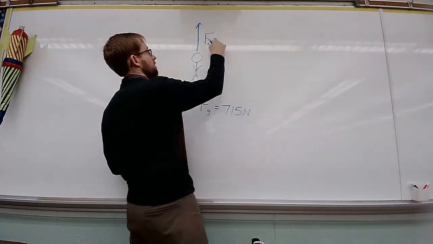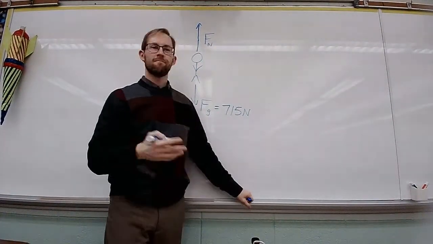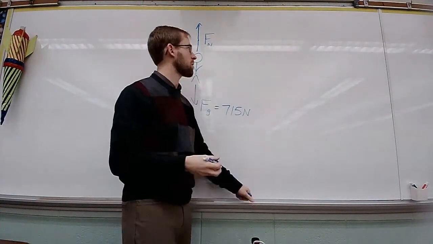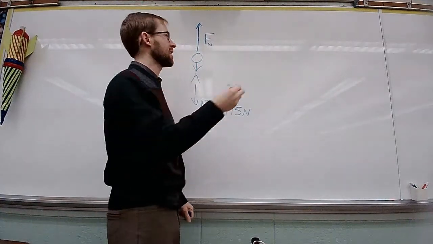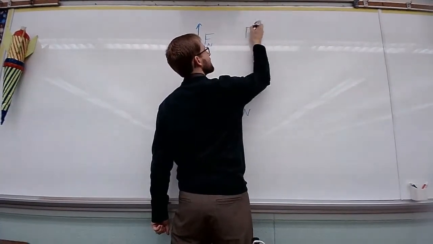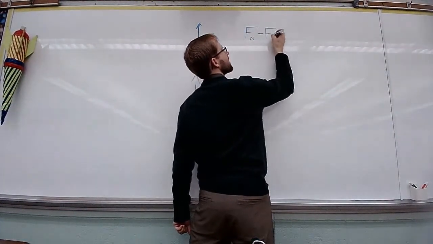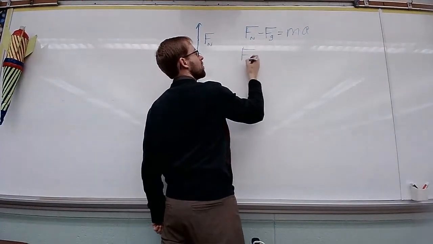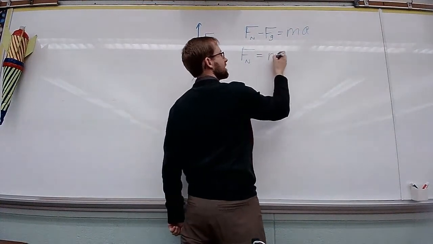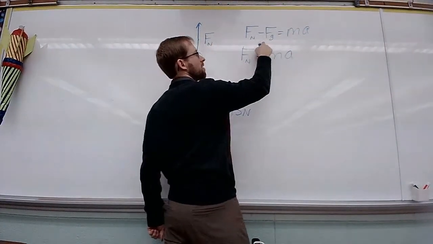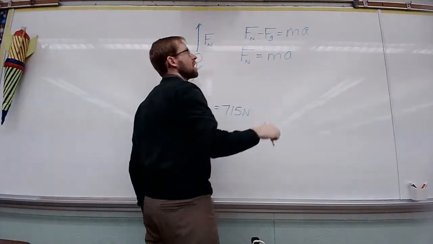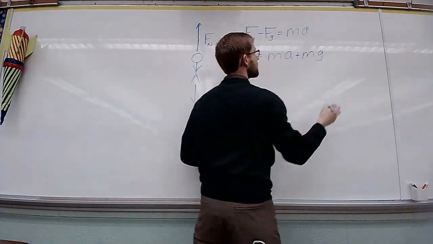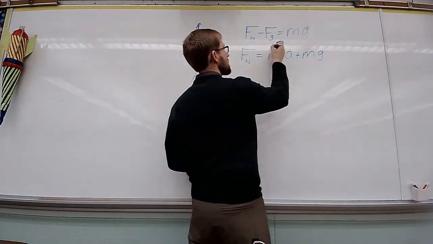But if I want to figure out my normal force, I got to solve for it the same way we've solved for it every single other time in the past. Force equation, and then solve. So normal force minus force of gravity equals ma. If I want to solve for normal force, I isolate it by moving the force of gravity to the other side of the equation. That makes it positive. The mass is 73.